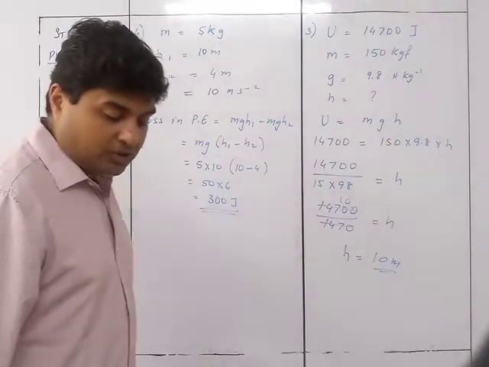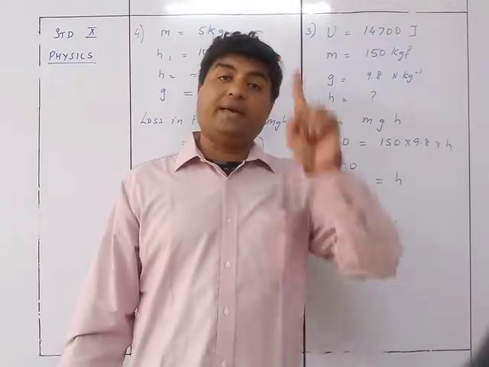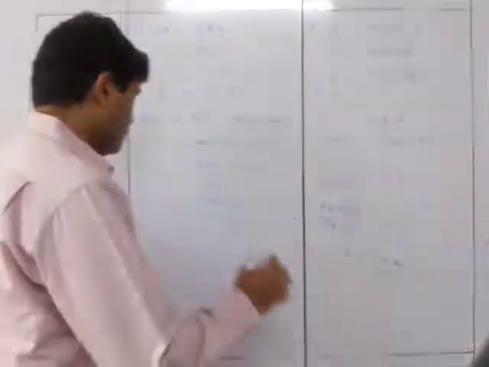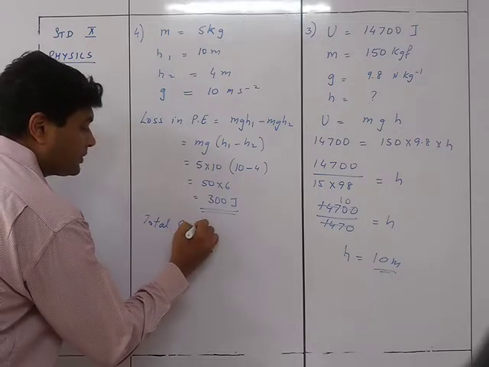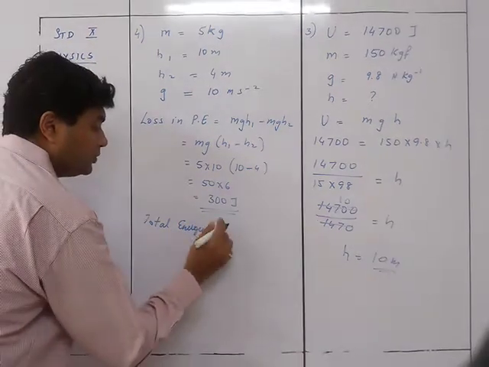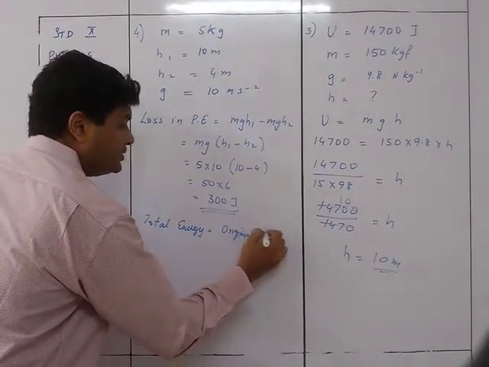Now the next question is the total energy possessed. The total energy possessed will be the potential energy at the initial position. So total energy is equal to the original potential energy.